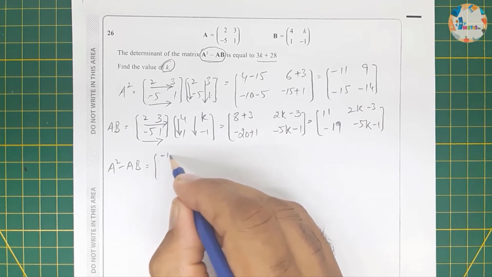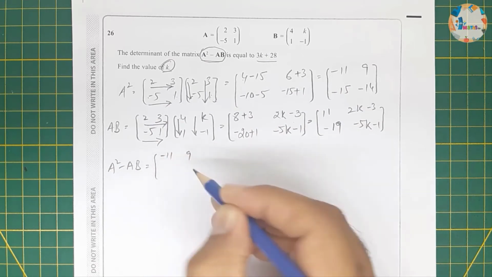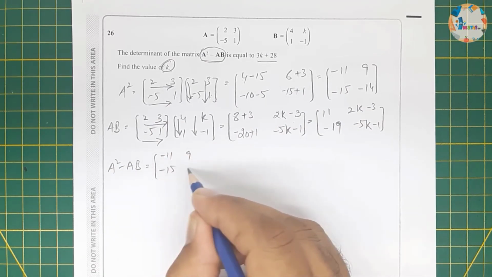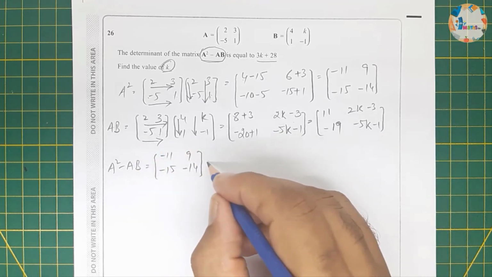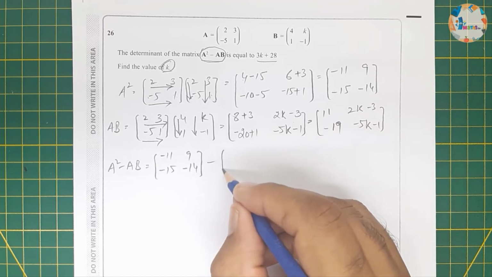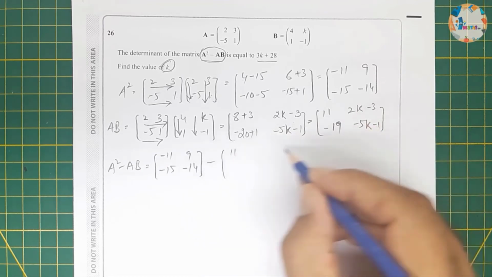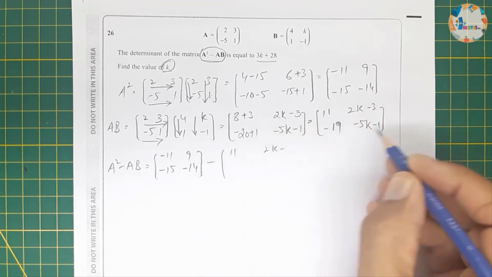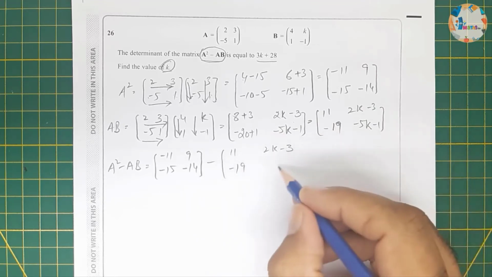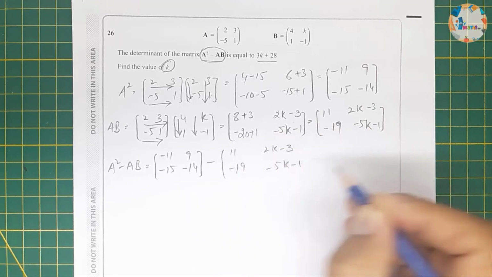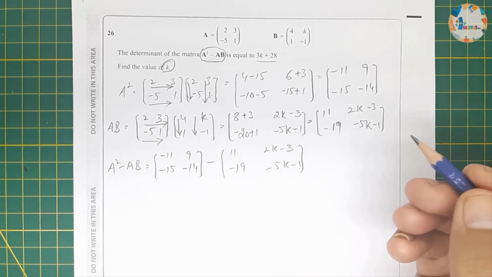So we'll write here minus 11, 9, minus 15 and minus 14, and minus this matrix which is 11 and 2k minus 3, and next will be minus 19 and minus 5k and minus 1, this one.